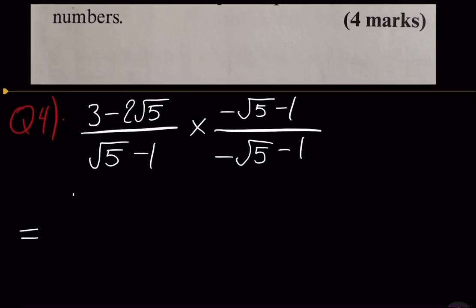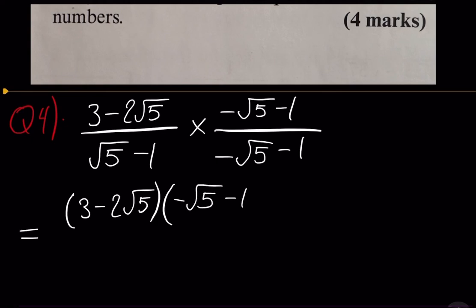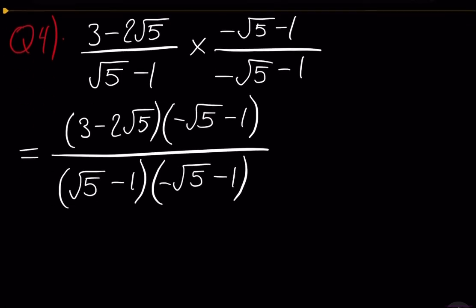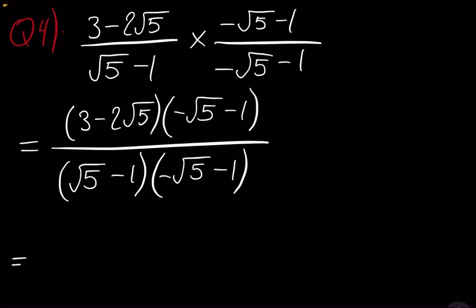And then we end up with a pair of brackets on both the numerator and the denominator. And we have to expand both brackets on the numerator and the denominator.